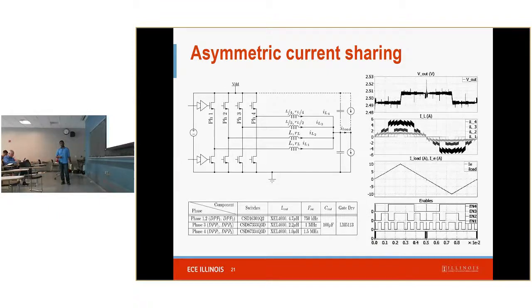This inductor current is always around 4.5 or 5 amps. The second or third phase turns on only when 2 amps or 2.5 amps is needed, and the first 2 phases are only turned on when around 1 amp or less is needed from them.